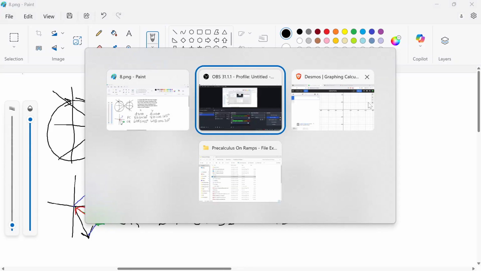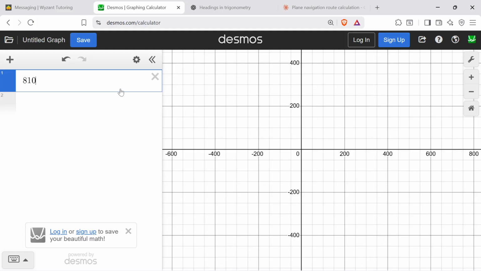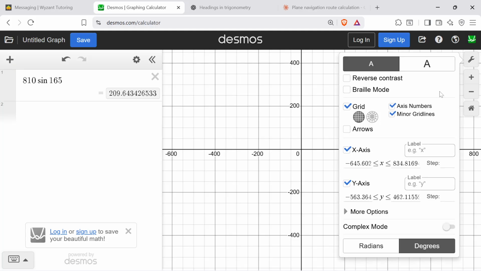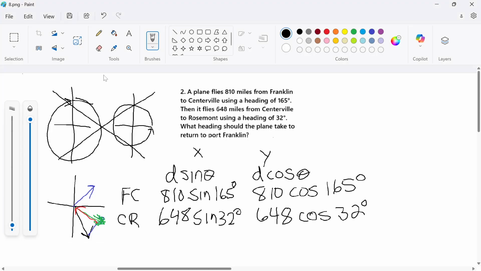I'm going to use a calculator and Desmos. So I want to do 810 sine of 165 degrees. Am I in degree mode? Yes, I am. And then 810 cosine 165 degrees. That vector is approximately 209.643 and -782.